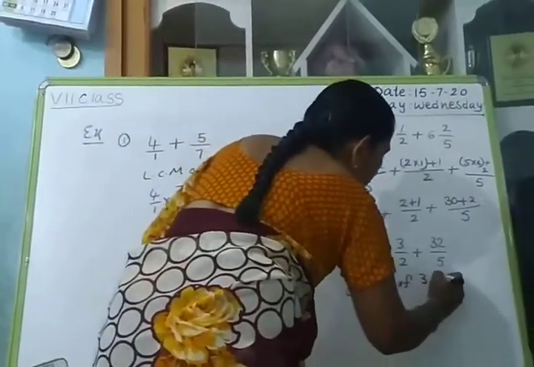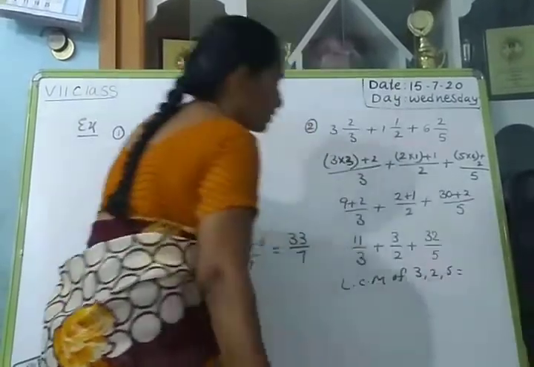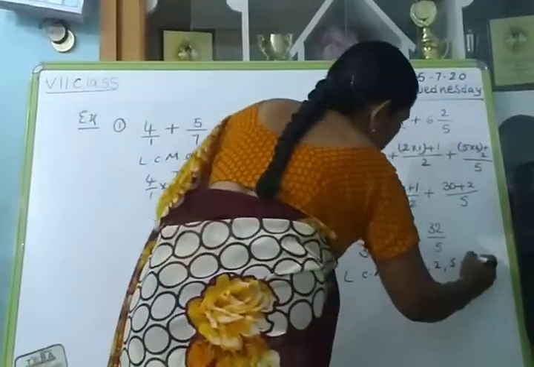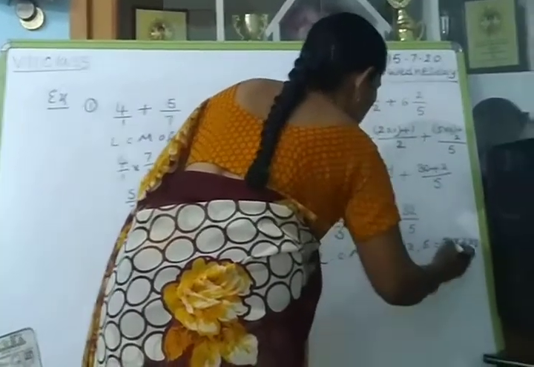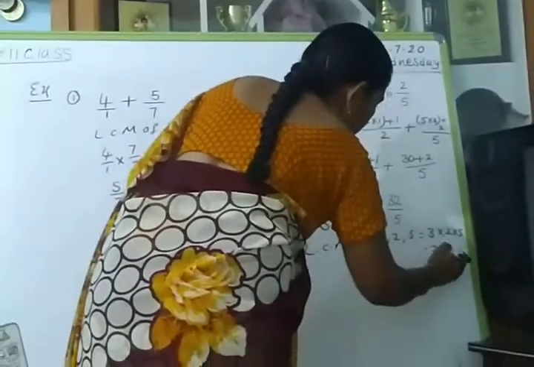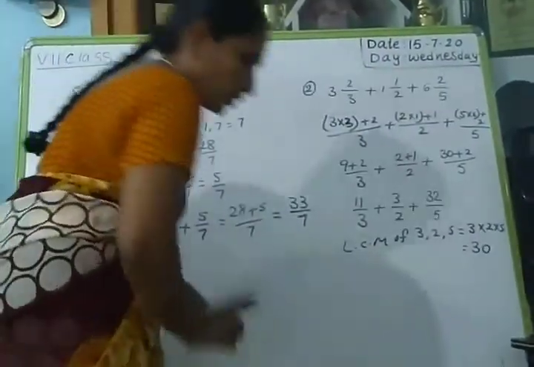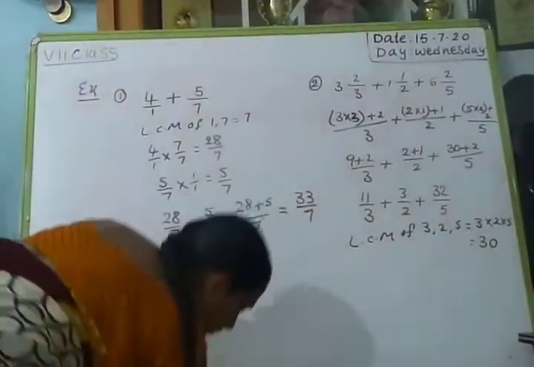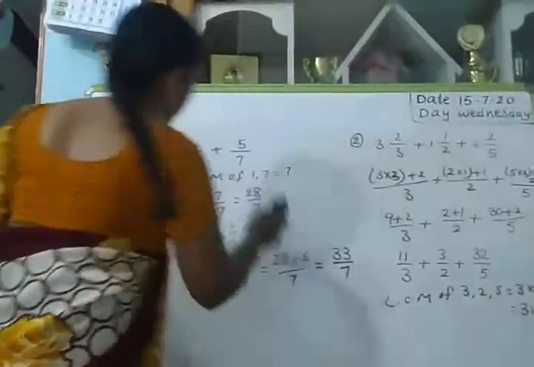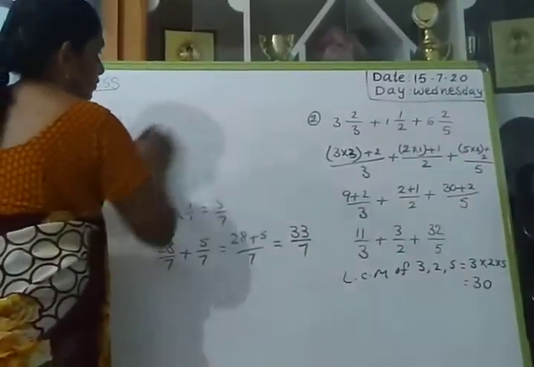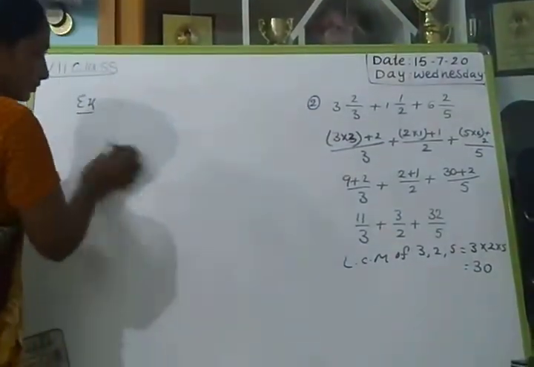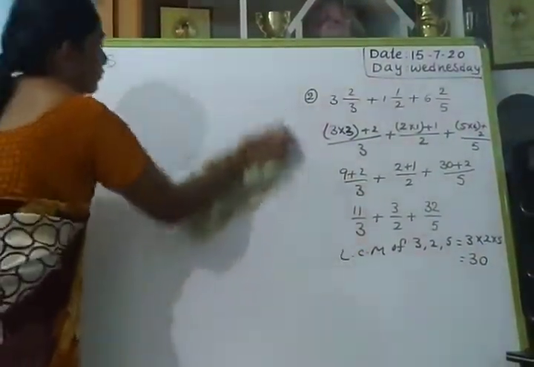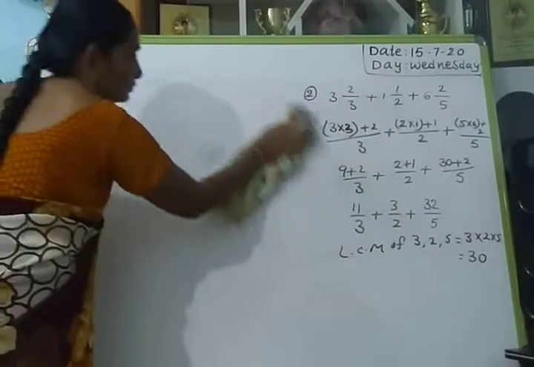So LCM of 3, 2, 5. These three numbers are prime numbers, so their product is their LCM. 3 twos are 6, 6 fives are 30. LCM how much? 30. So after that what do we have to do?